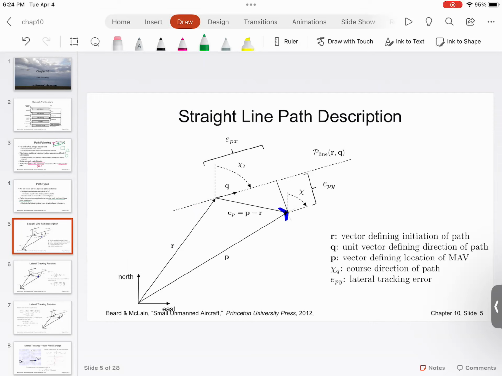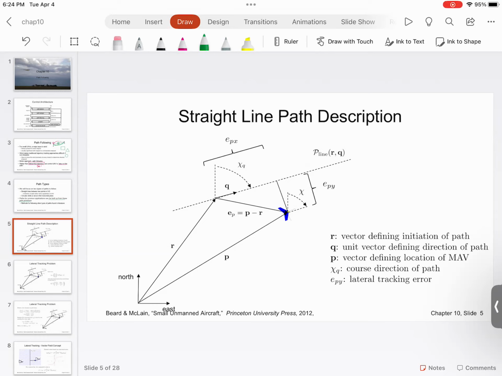Again, some math will be discussed as we discuss the definition of path. But please understand, this mathematics is needed so that we can turn these mathematical equations into engineering equations that can be programmed inside the autopilot.